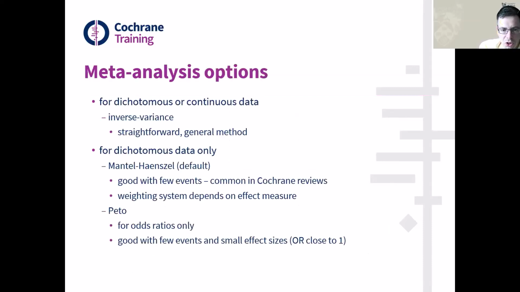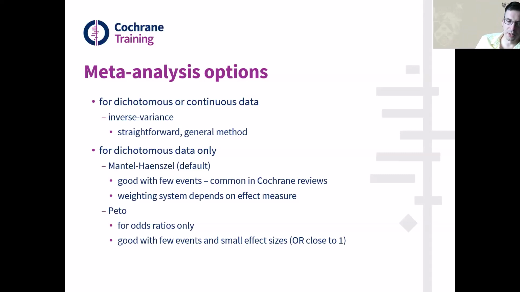So what are our options if we go into RevMan, for example? For dichotomous outcomes like headache, like death, and for continuous outcomes like irritability, pain scores, and so on, this inverse variance meta-analysis I've just described, the idea of calculating 1 over the variance and using that as a weight in a weighted average, is by far the most commonly used method around the world for meta-analysis.